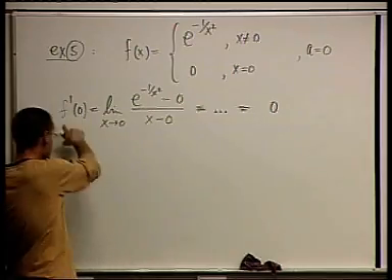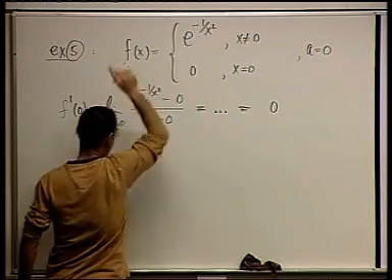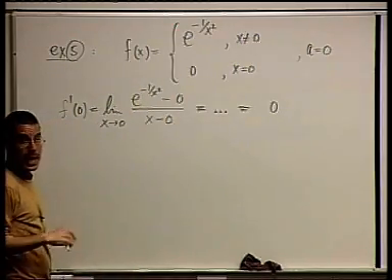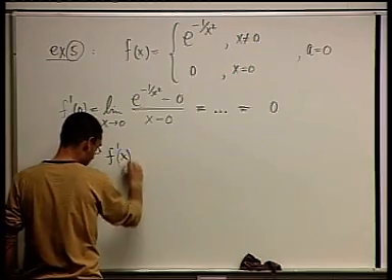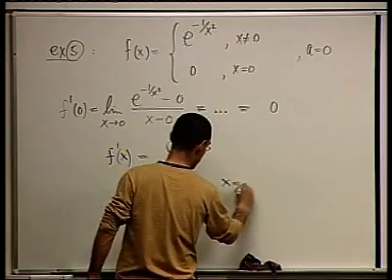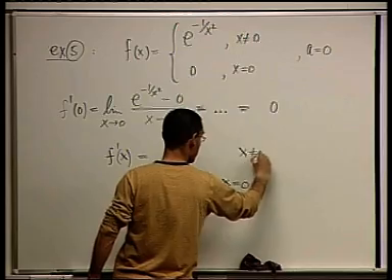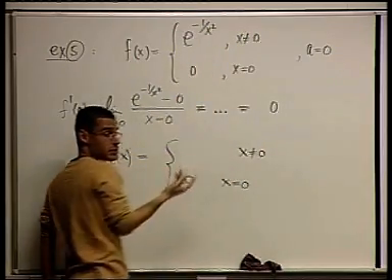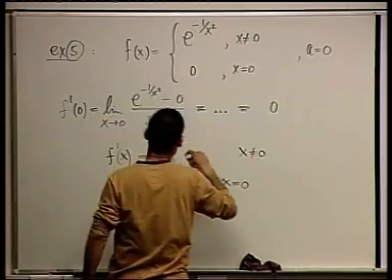So you indeed get that the derivative at 0 is 0, but not because you just took the derivative of 0, but because of this. And what you get is, therefore, f prime of x in general is 0 when x equals 0. That's because of this calculation. And when x is not 0, you just have to take the derivative of this, right? For any x other than 0. And the derivative of this is what?